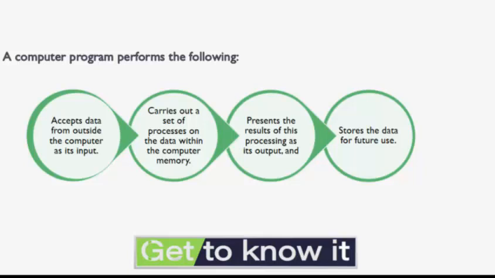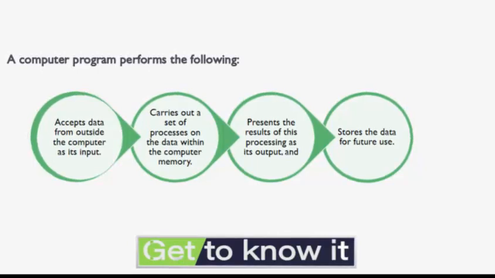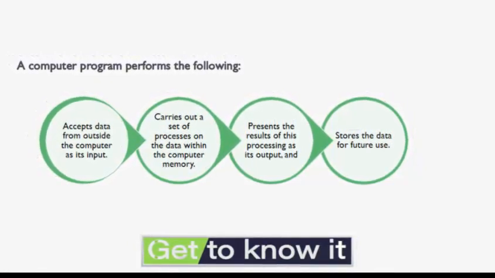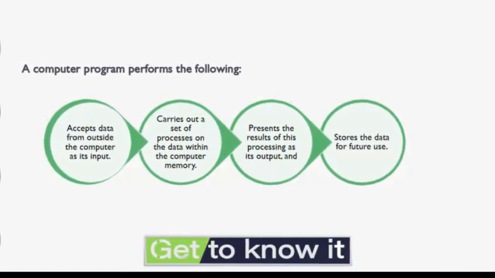So this is the basic task of a computer: accepting data from input devices which are controlled by the user. The data is then accepted by the processor where it will be processed.